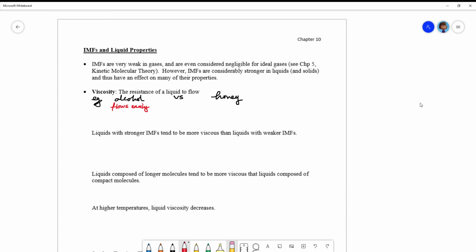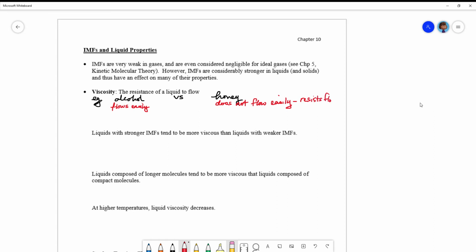Well, when we try to pour honey, it doesn't flow very well. It takes a year and a day for the honey to move from one location to another. So we could say that the honey does not flow easily. Now, since the honey does not flow easily, what is it doing? It resists flow.